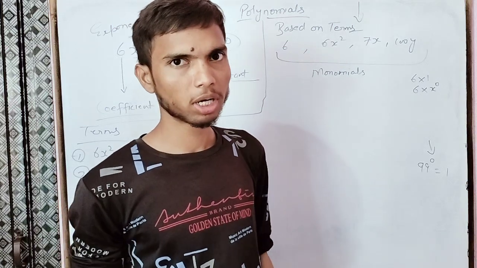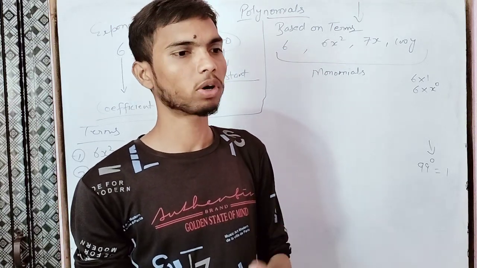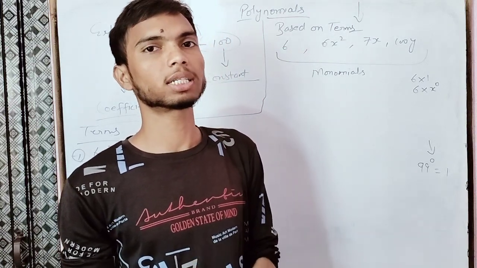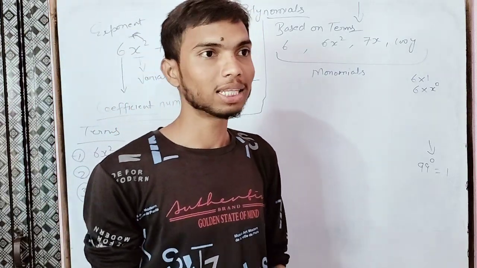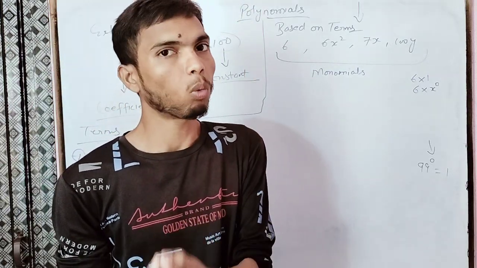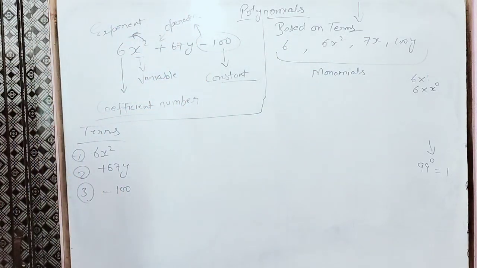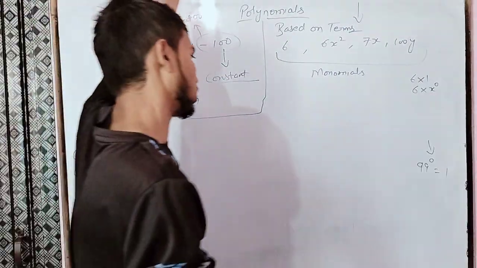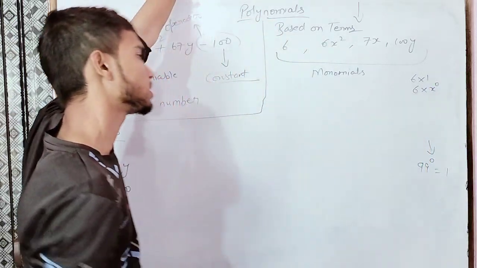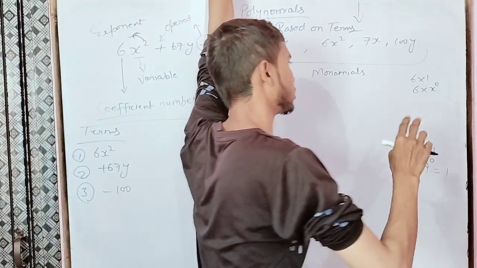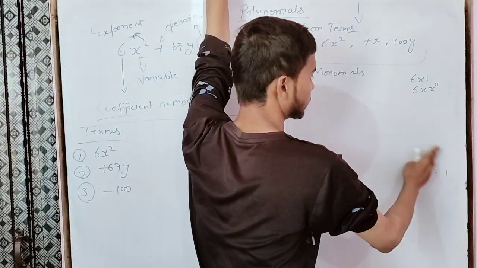Let's say 1999, and exponent is 0, then the result would be 1. Of course it is the same. X raised to power 0, the result of this would be 1.